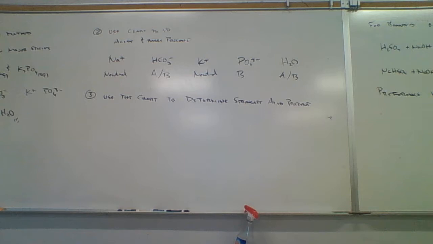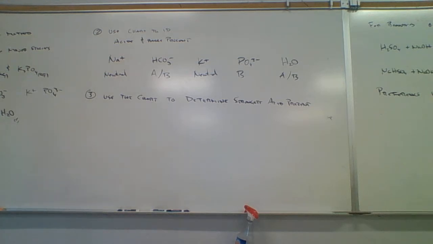So we have two acids present. What are the two acids present? One is bicarbonate, the other is water. We're going to use the chart to figure out which one is stronger.